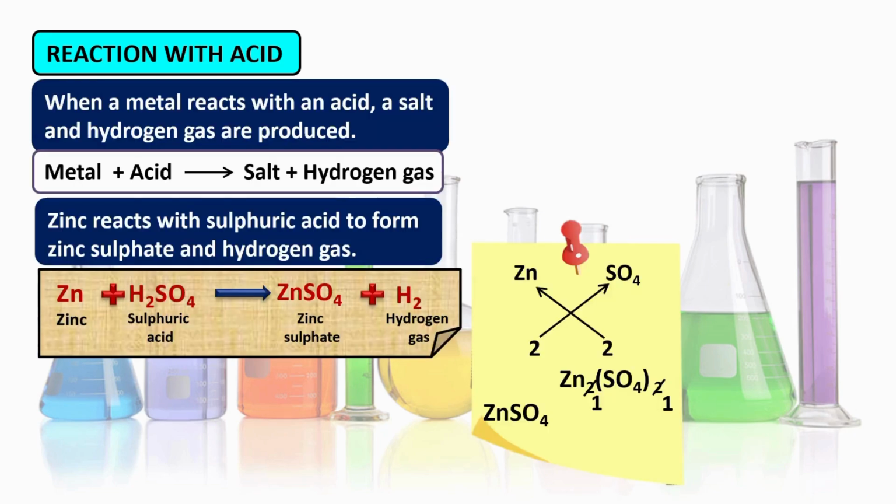So zinc, Zn, plus sulfuric acid, H2SO4, gives ZnSO4, that is zinc sulfate, plus H2, that is hydrogen gas.